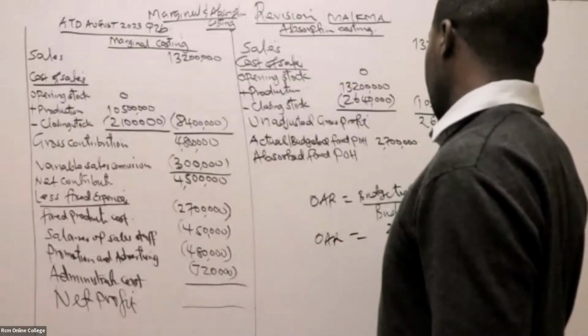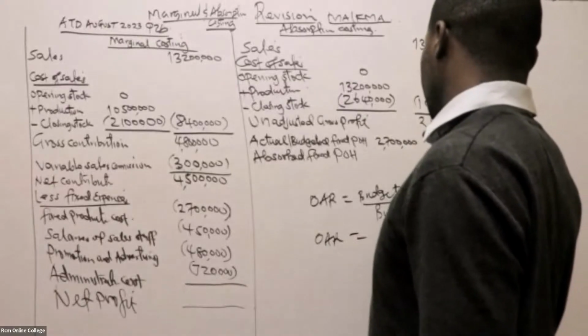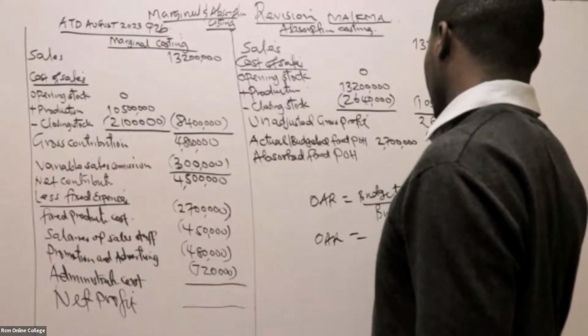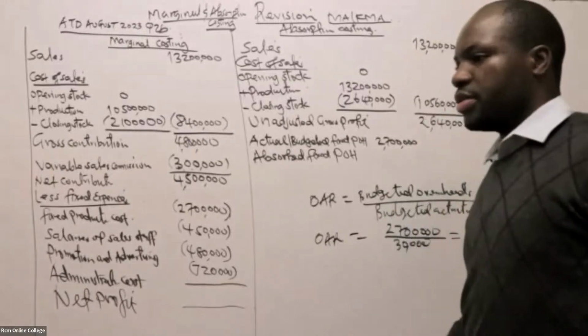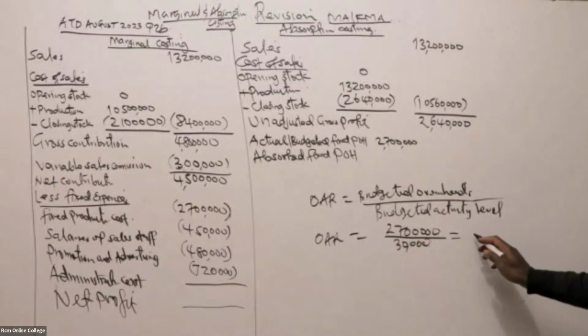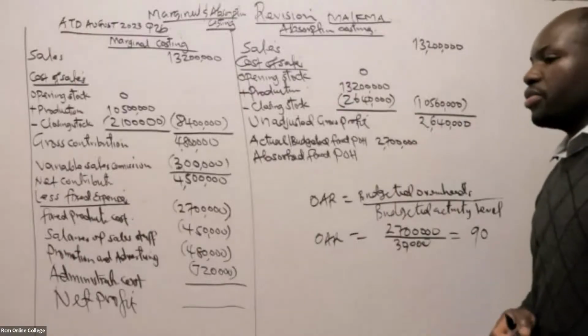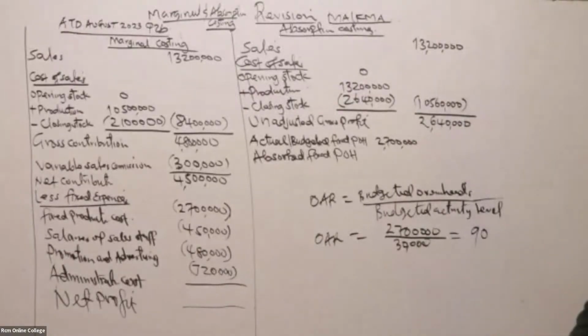Budgeted fixed production overheads is 2,700,000. We divide by budgeted activity level of 30,000. What is our overhead absorption rate per unit? Were you able to see that figure anywhere when you were getting cost per unit?